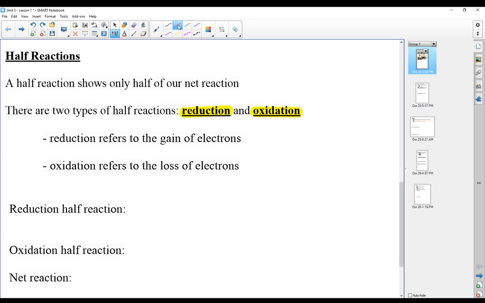My personal favorite is OIL RIG. So we have reduction and oxidation. O is going to be oxidation, and R is going to be reduction.